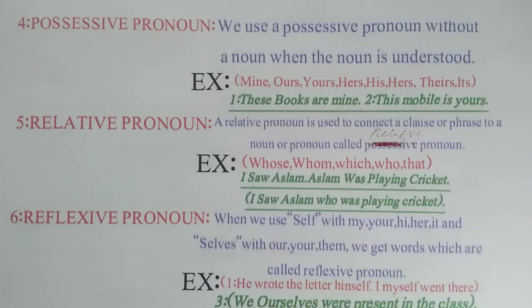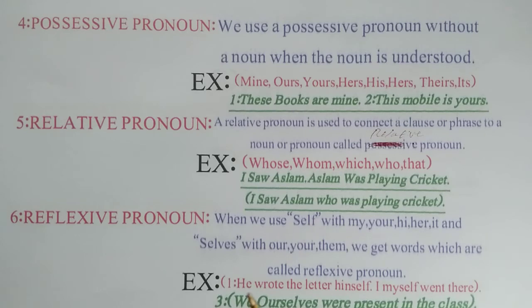It means when we use the word self with my, your, our, it, the word which we get is called reflexive pronoun. And when we use the word selves with our, your, them, that word is called reflexive pronoun.